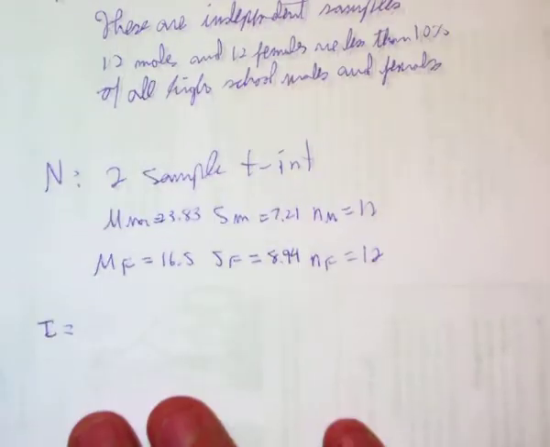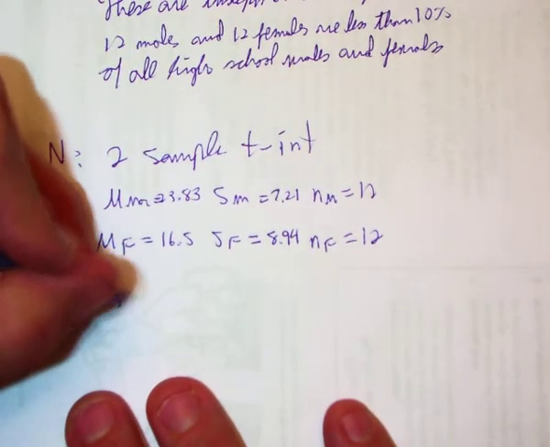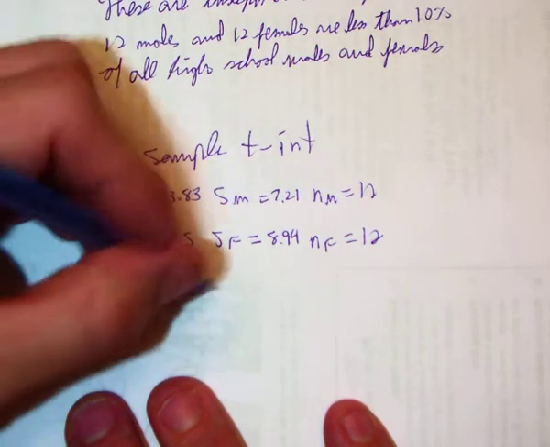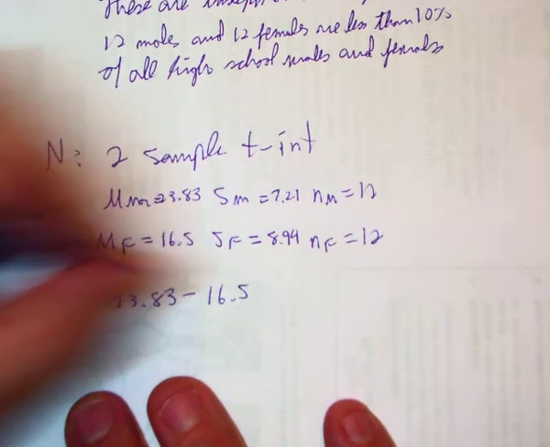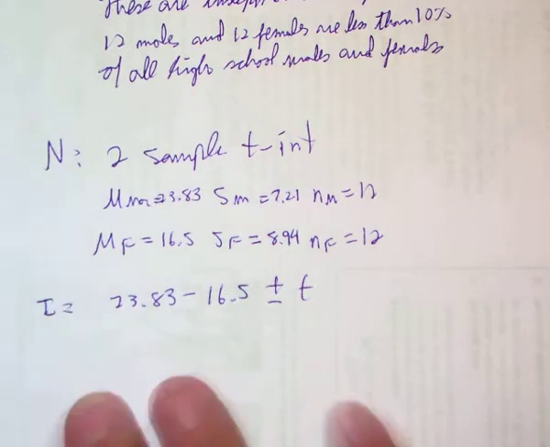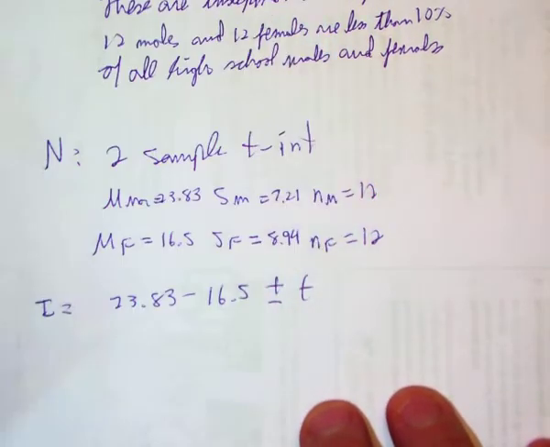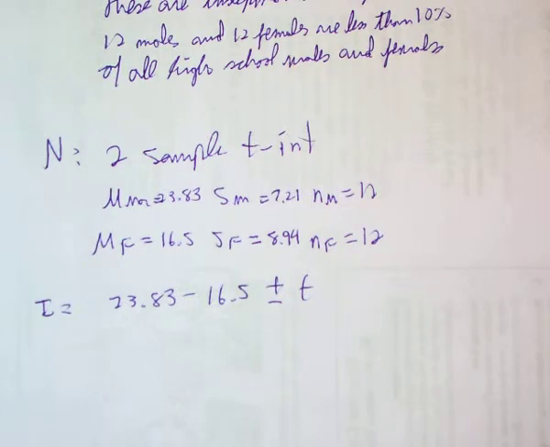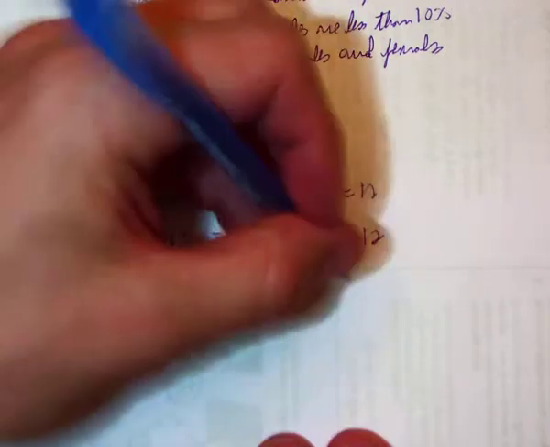The interval, we're going to do x bar sub 1 minus x bar sub 2 plus or minus t, and we got to figure out how many degrees of freedom we have. And then what we're going to do is we got to add the variances, right?